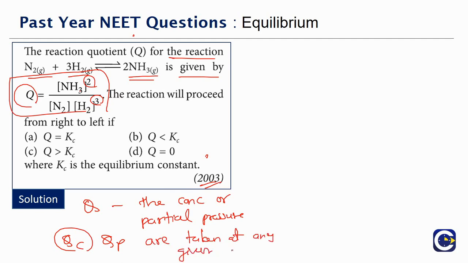We will consider the same formula, but we can substitute the values of the concentrations or the partial pressures at any given stage. This is going to help us in predicting the direction in which the reaction is going to proceed. So they are asking a scenario: the reaction will proceed from right to left. Right to left means we have reactants on the left side, that is the normal understanding, and products on the right side.